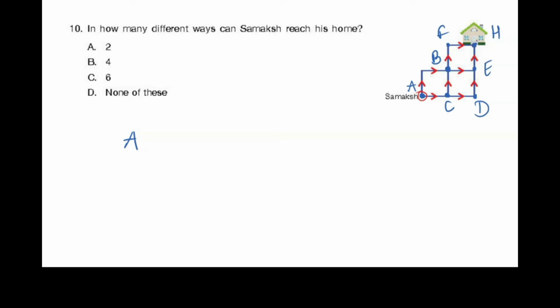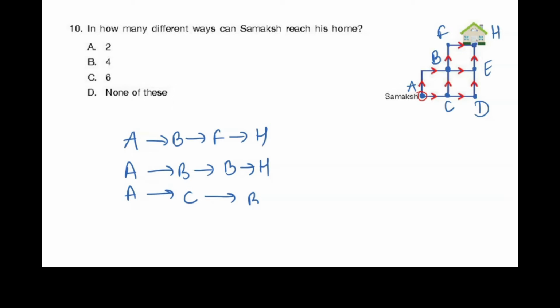So from A, Samaksh, let's start from A to B, B to F, and F to H, one way, and again from A to B, B to E, E to H, two ways. Now from A to C, C to B, B to F, F to H, three ways.